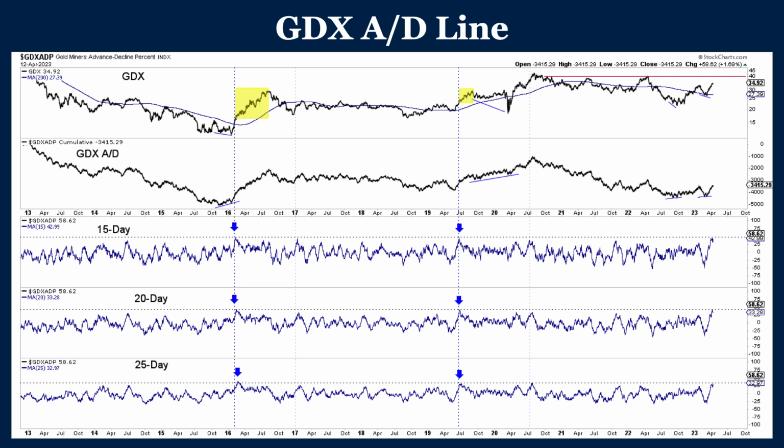Again, that was the beginning of 2016 and, a little before the middle of 2019. Look at those readings in April or May 2019, and they were pretty negative. Then a couple of months later, they were strongly positive.